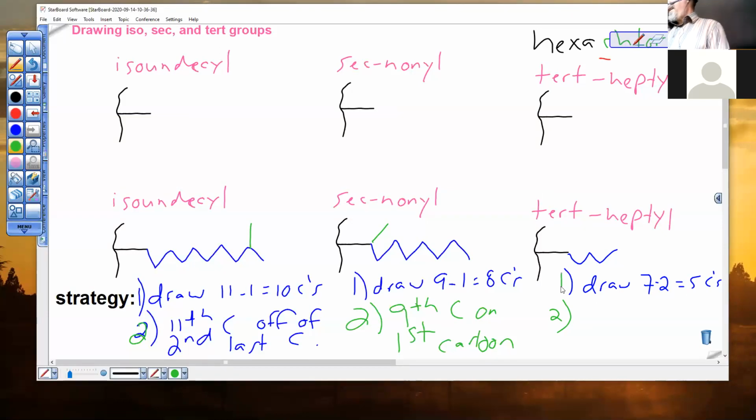And draw 6 and 7, both attached to the first carbon of the group. Draw 6, 7, both attached to first carbon.